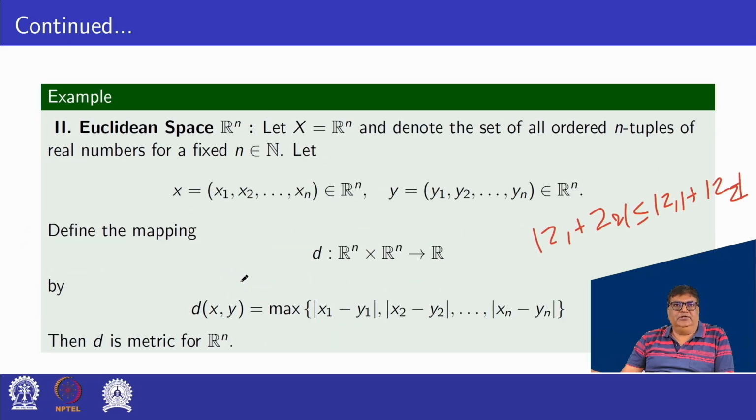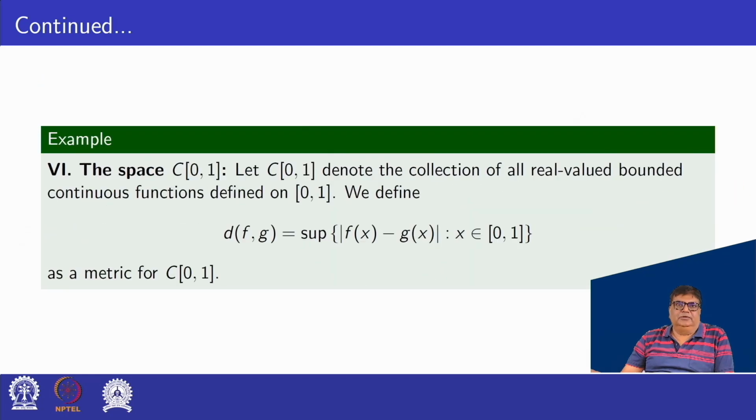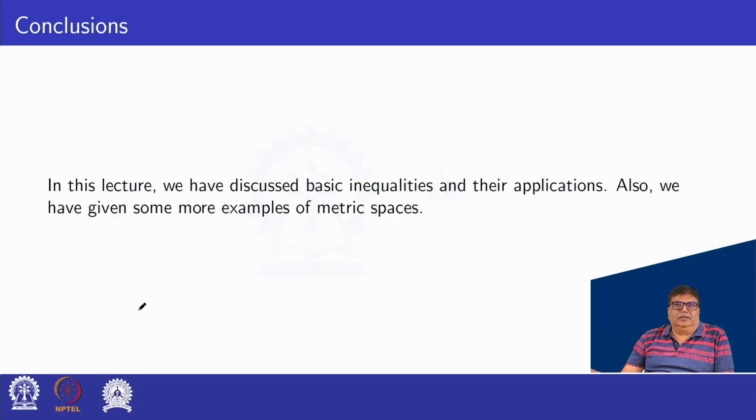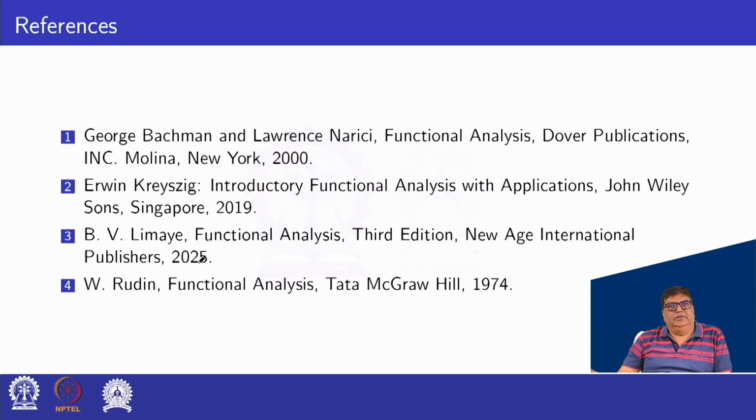So these examples can be proved easily. In conclusion, in this lecture we have discussed the basic inequalities and their applications. Also, we have given some more examples of metric spaces.